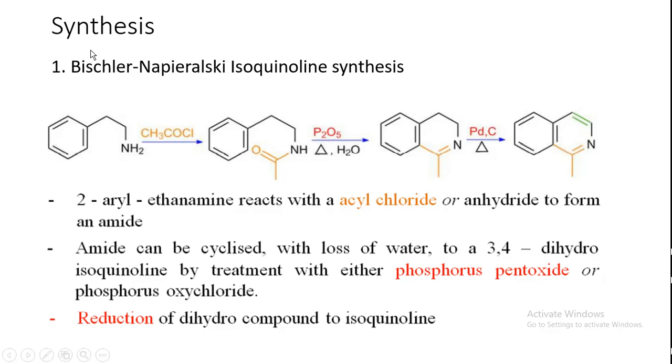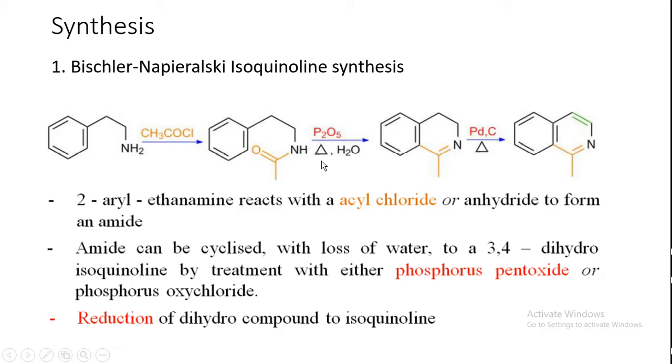The first reaction is a name reaction, the Bischler-Napieralski isoquinoline synthesis. Here a 2-aryl ethylamine, with an aryl, that is phenyl, group at the 2 position, reacts with an acyl chloride or acid anhydride to form an amide.